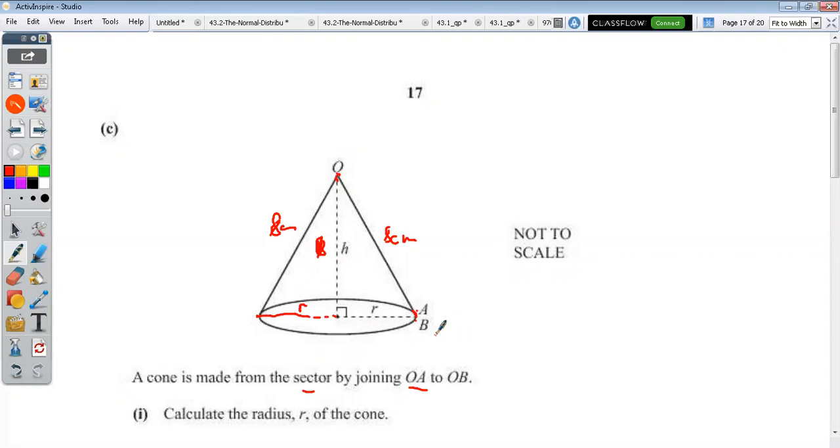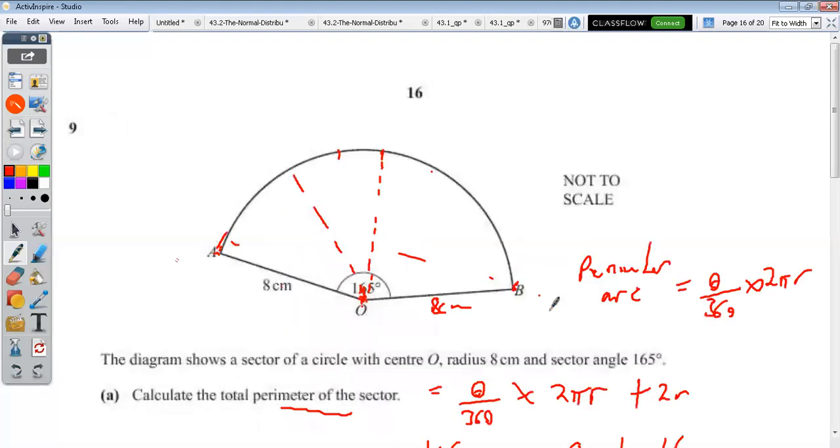Because h is the perpendicular height. Maybe think of this shape because we are joining AO to OB to make a cone. AO and OB are on the same point, A becomes the same point with B. Is that correct? Okay, so please could you give us a clue and then we can work from there.